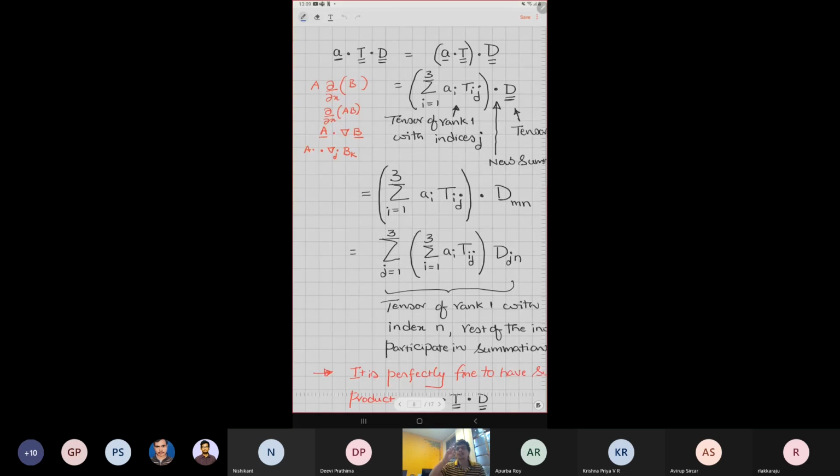The only issue is that once I put an operator at a location, I'm not permitted to move that operator to a random location. That means u dot grad u, I can put indices, whatever, but I should not write something like u dot u grad. It doesn't make sense because now this operator acts on what? That we don't know. But otherwise, in terms of indices, it's perfectly fine.